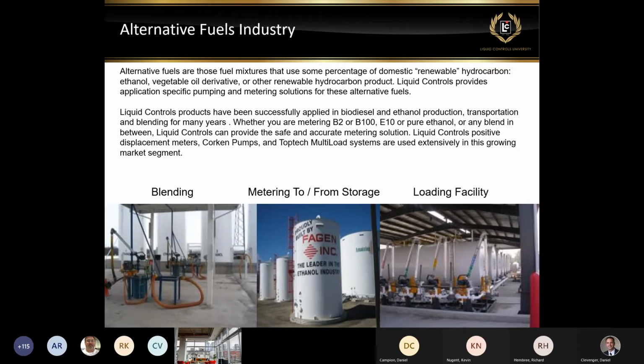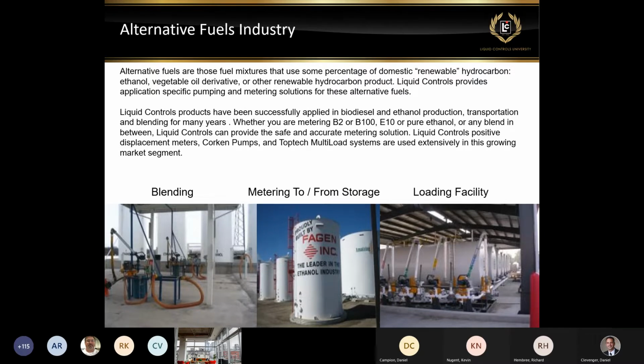So we do it also in storage. They have to have that fuel someplace, and you need to know how much you have in it. So when you make deliveries or receive deliveries, you'll use the meter to flow it. Again, if they're looking for high accuracy, that's where we thrive. And we do the opposite when we do loading facilities.